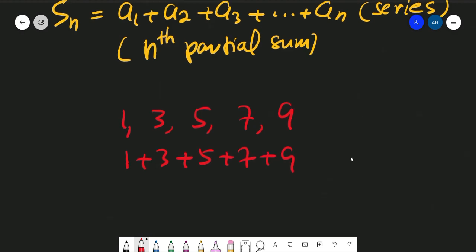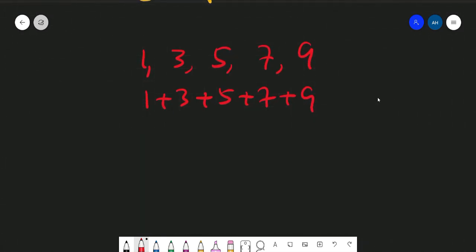So what is S1 in this case? S1 is equal to 1. The first partial sum is equal to 1. Now S2, the second partial sum, is equal to the sum of the first two terms, that is 1 plus 3, which is equal to 4. Now S3 is equal to the sum of the first three terms, that is 1 plus 3 plus 5, and so on.